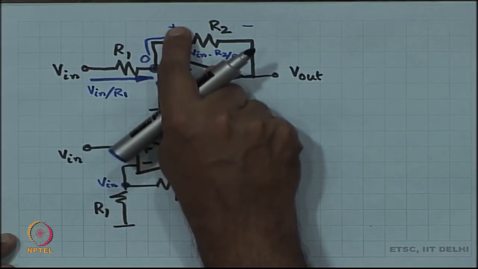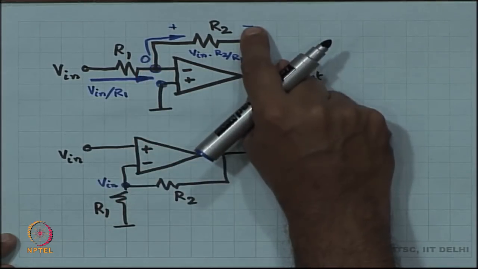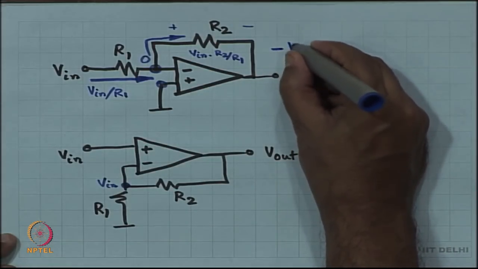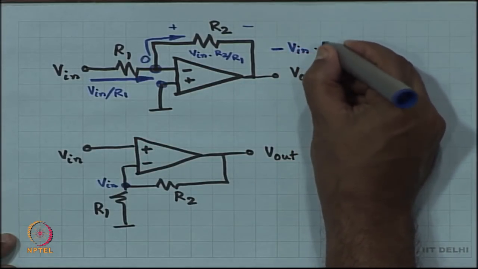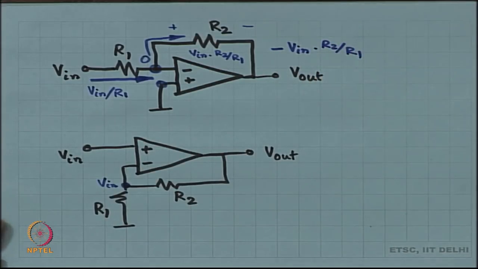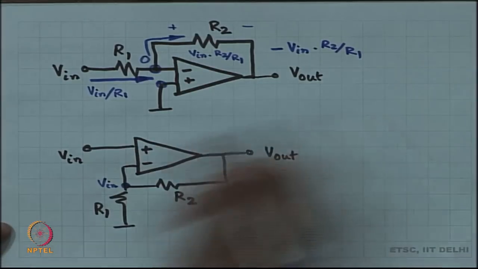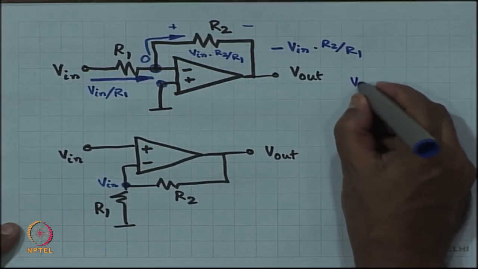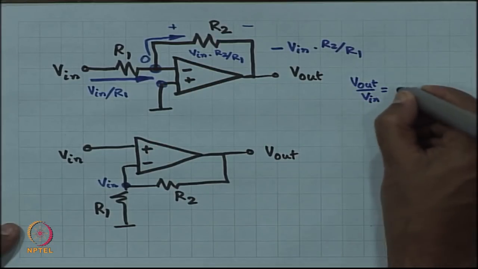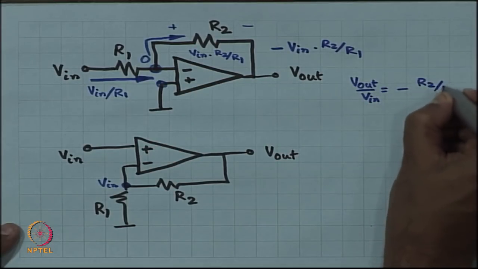So, the potential on the plus side is 0, that means the potential on the minus side is going to be minus V in times R 2 by R 1, and that is going to be your V out, and automatically that means that V out by V in equals minus R 2 by R 1.